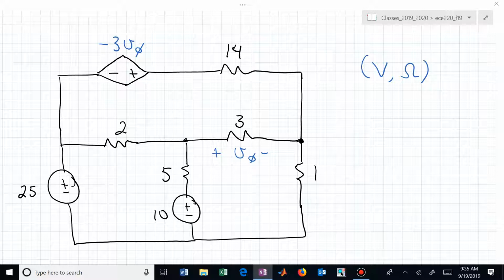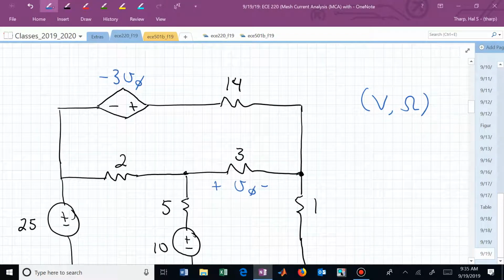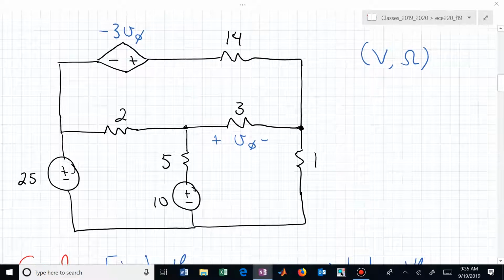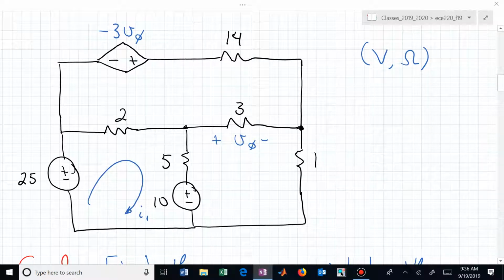And those are distinct from the branch currents, and how you label this is really not unique. We could have a lot of different ways of labeling this. I'm going to go ahead and say here is mesh 1 with mesh current I sub 1. The top one, let me go ahead and say that is now mesh 2 with mesh current I sub 2.